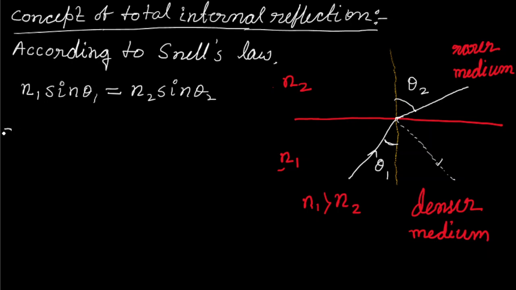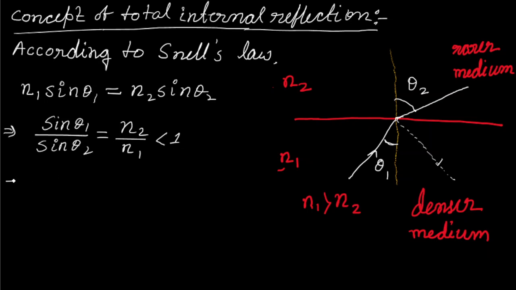Now if we take the ratio of sine theta 1 and sine theta 2, we'll get n2 divided by n1, and we have already assumed that medium 1 is the denser medium and medium 2 is the rarer medium, that is, the refractive index of medium 1, n1, is greater than n2. So this ratio of n2 by n1 will be less than 1.